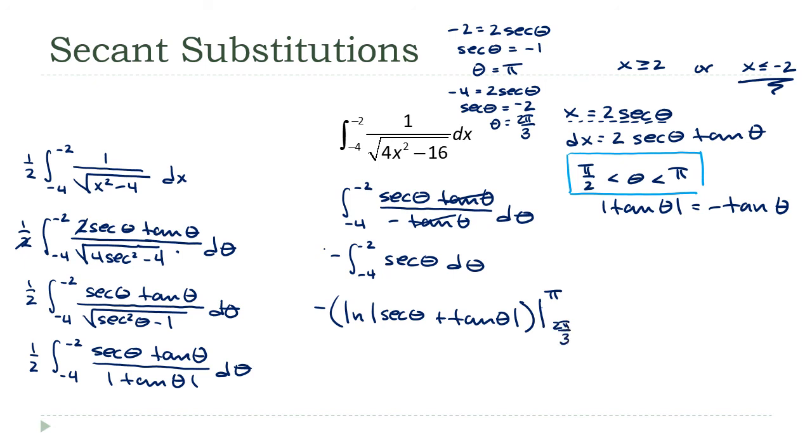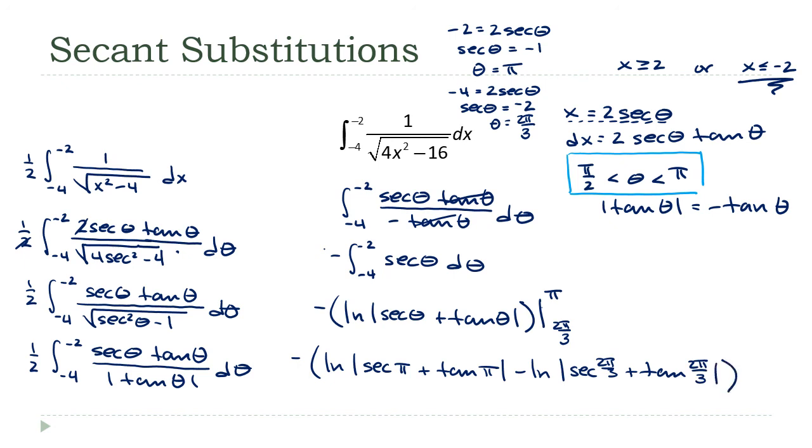Okay, now we can do the evaluation part. This is negative, log of the absolute value of secant pi plus tangent pi, minus the log of the secant of 2 pi over 3 plus the tangent of 2 pi over 3. And what do we get here? The secant of pi is -1.